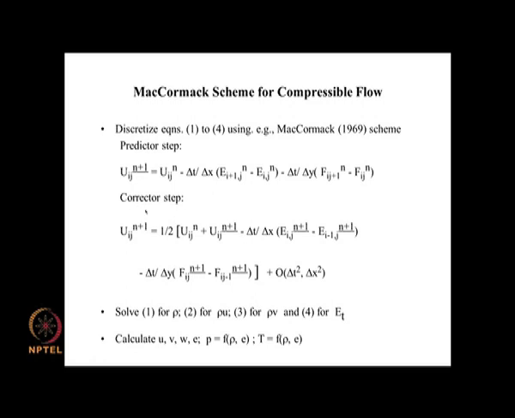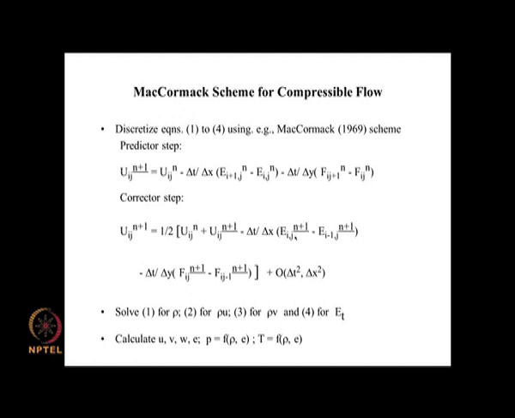Now, the corrector step is put as u_ij^(n+1), this is the value that we are actually seeking, and this is half of (u_ij^n plus u_ij^(n+1 bar)), it is the same as what we had earlier, there should be a bracket here, and minus delta T by delta x times (e_ij^(n+1 bar) minus e_(i-1,j)^(n+1 bar)).